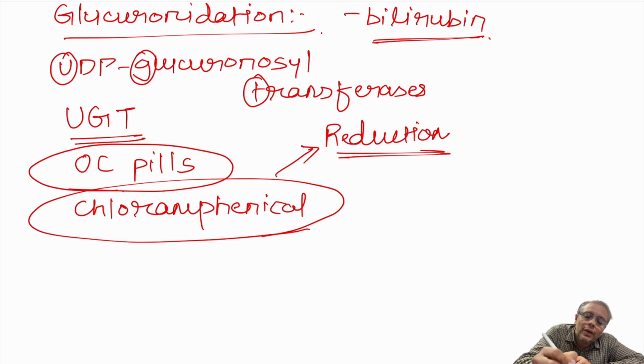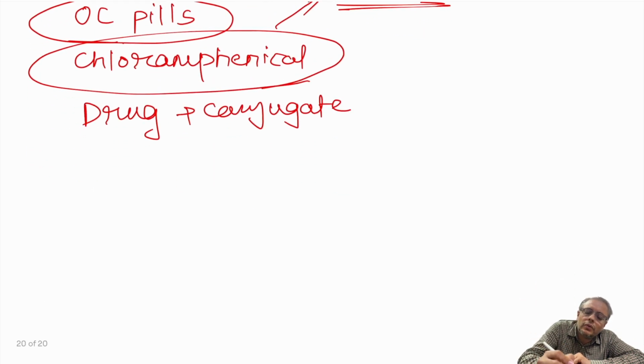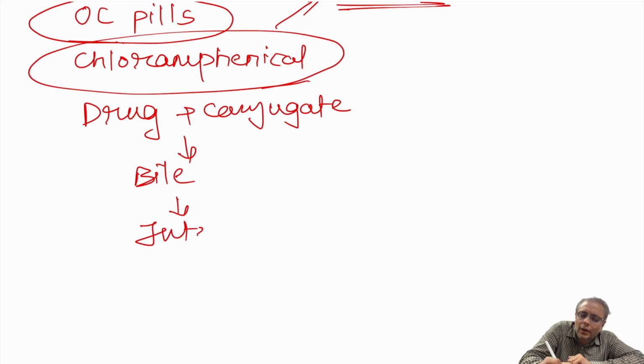We have discussed this point categorically at the time of enterohepatic recycling: the drug that is conjugated, drug plus conjugate, is excreted in the bile and reaches the intestine.